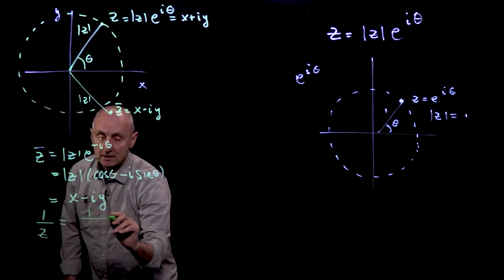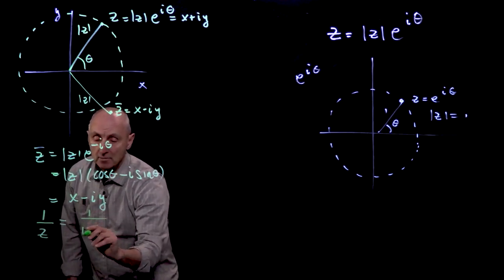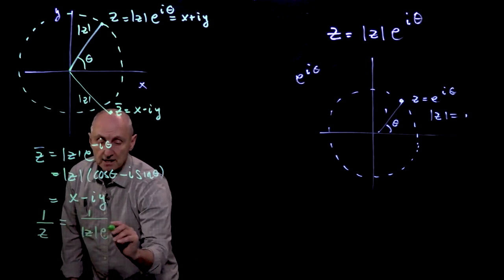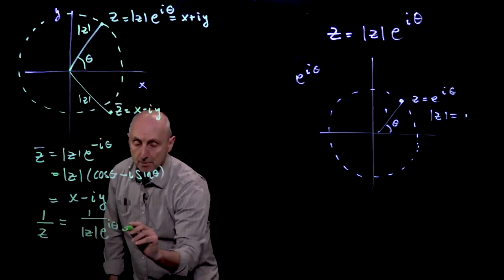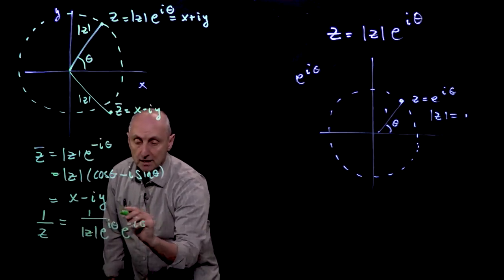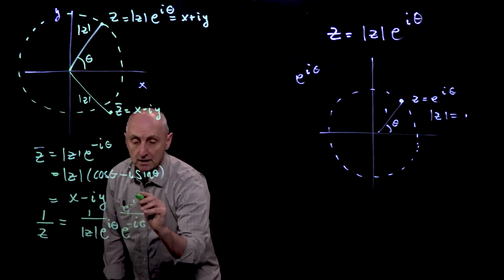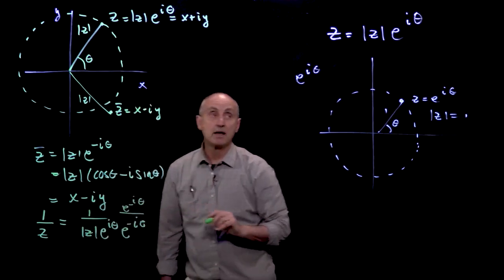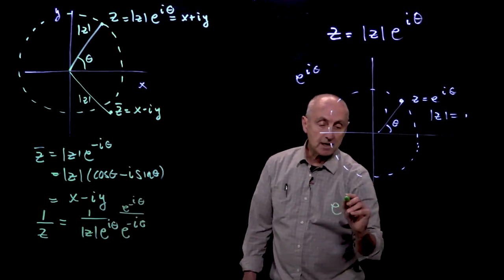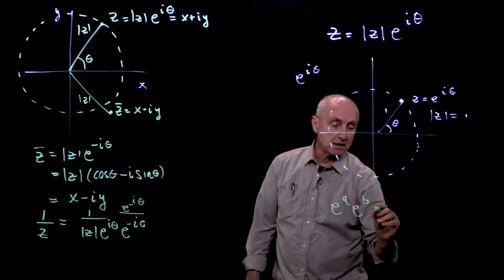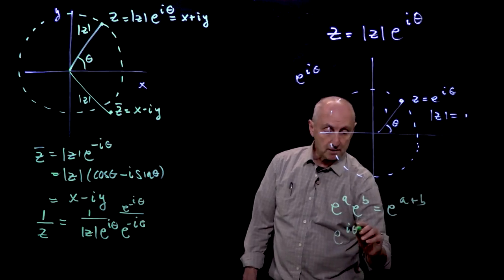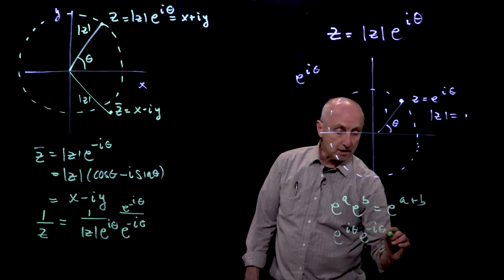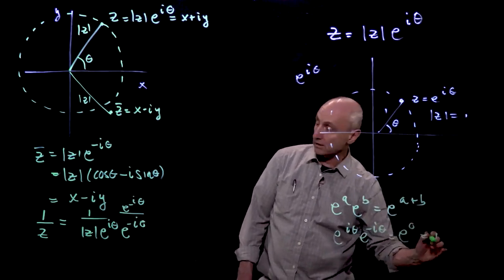Well, that's written as 1 over the modulus of z, e to the i theta. And if I multiply top and bottom by e to the minus i theta, and I use the identity that e to the a times e to the b is equal to e to the a plus b, then e to the i theta times e to the minus i theta is e to the 0, or 1.